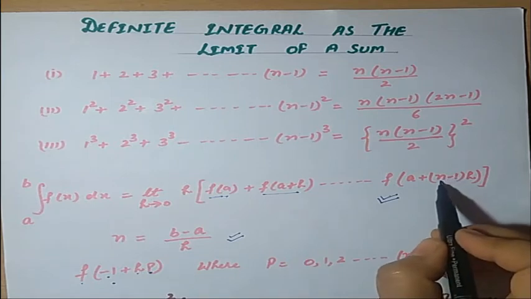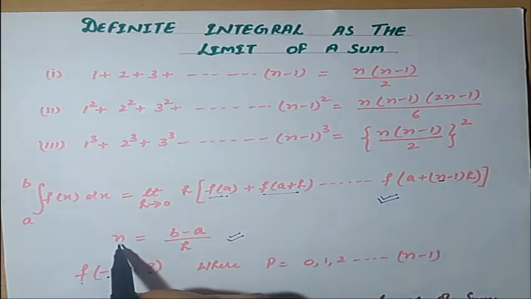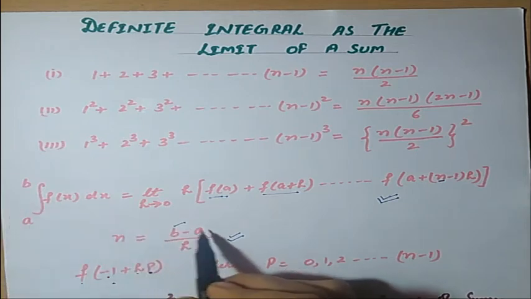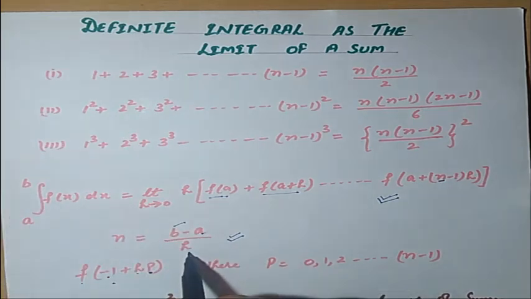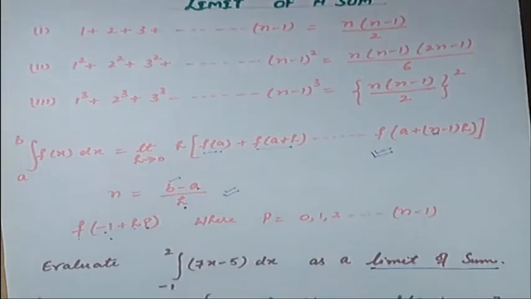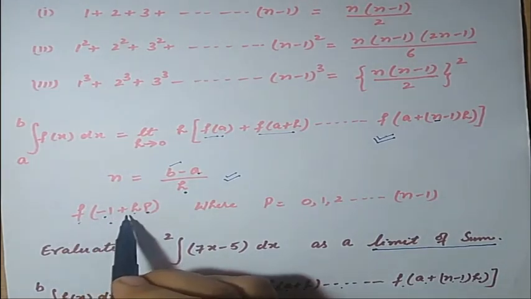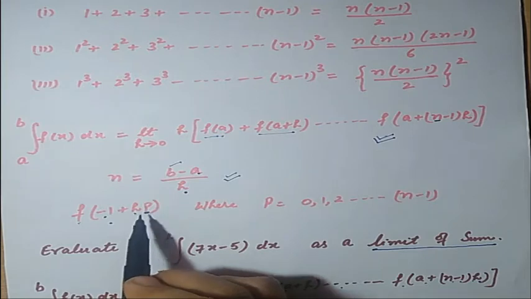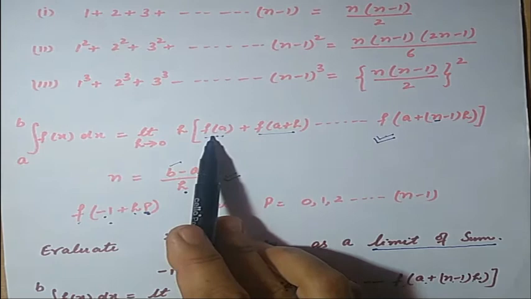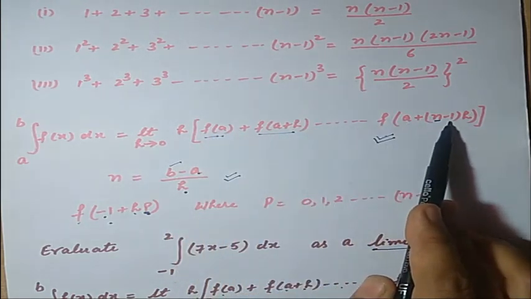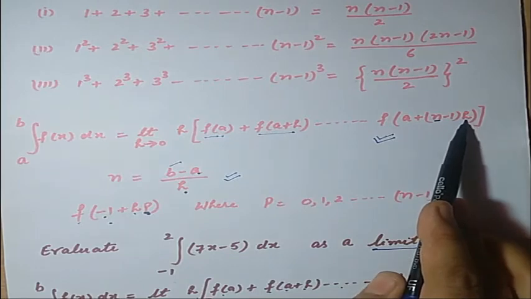Then, because n is there, we will find the value of n by applying the formula: upper limit minus lower limit divided by h. Then we will find the value of the function by applying the formula f(a plus hp). Now we will put different values for p and find the different function values, that is f(a), f(a plus h), up to f(a plus (n minus 1)h).